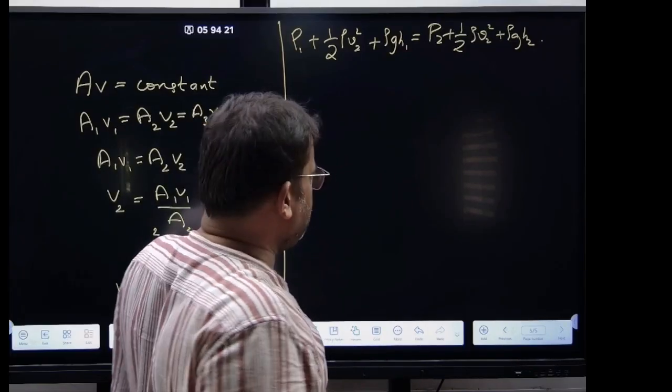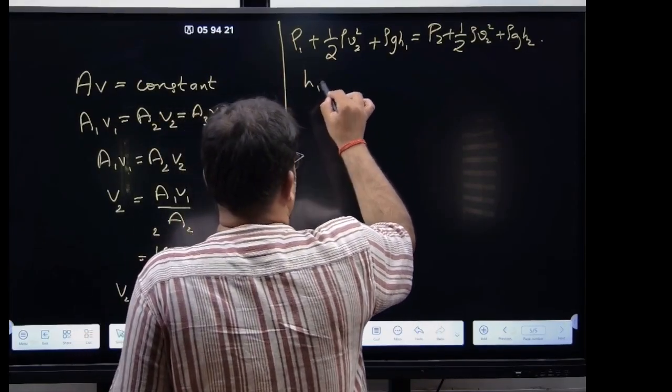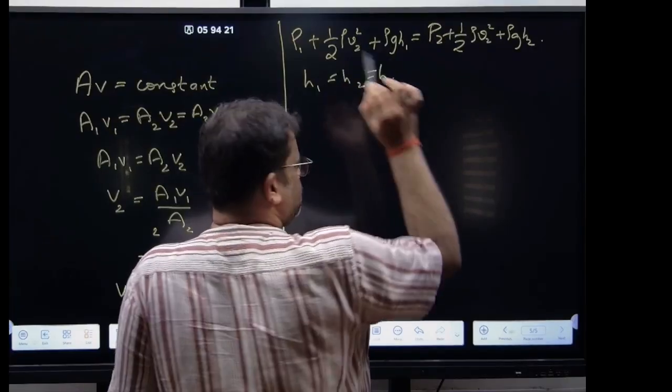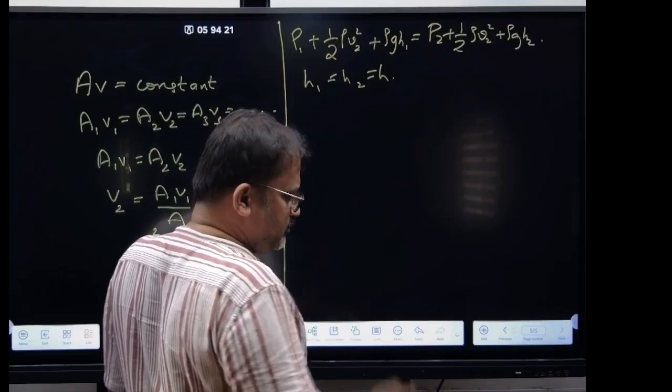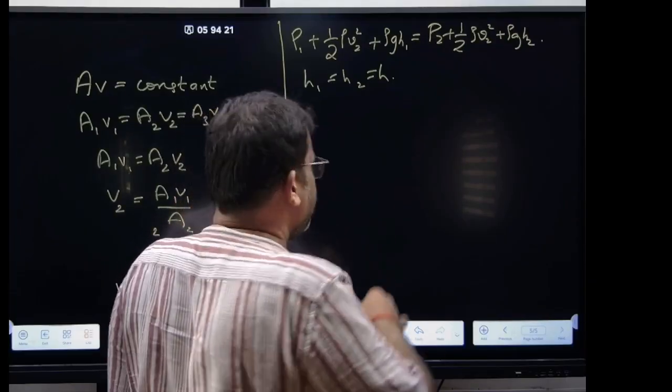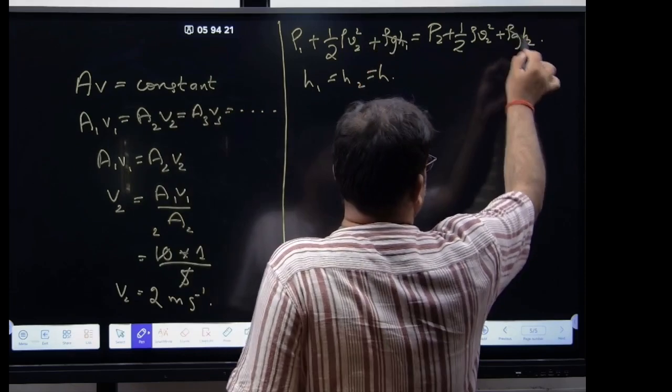Now remember, H1 is equal to H2 is equal to H, because it is horizontal. Correct? That means rho G H1, rho G H2 cancels.